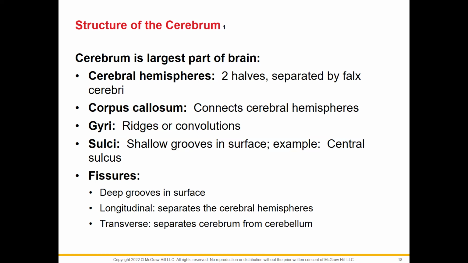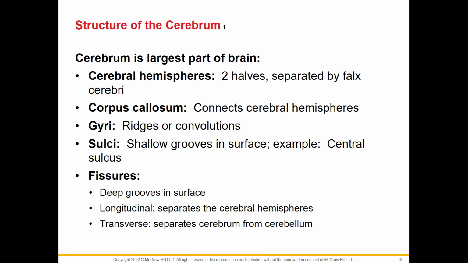And then you have fissures. We already learned that fissures are slit-like openings in the bone, but in the brain, fissures are deep grooves. So there are grooves that are deeper than sulci on the surface. We have two main fissures in the brain: the longitudinal fissure and the transverse fissure.